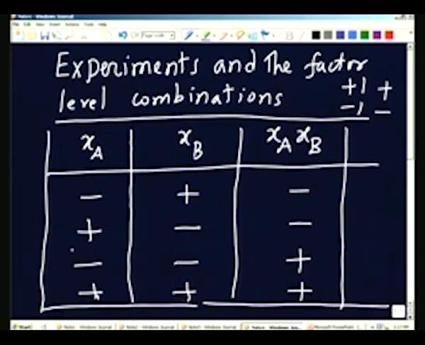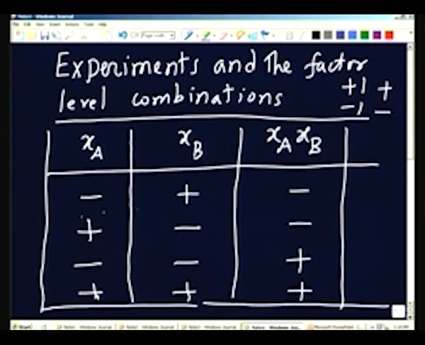They are independent of each other, because if I take the product of these two columns, that means I am going to take xA xB and multiply a particular component. So, suppose I look at these as the 4 components of this vector, and these are the other 4 components of this vector.